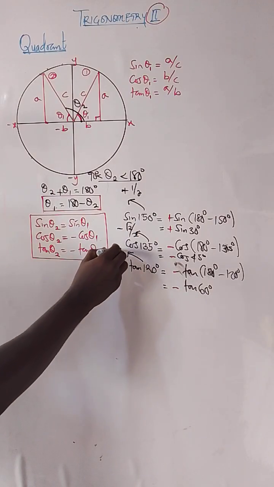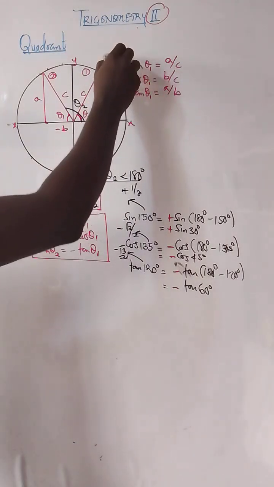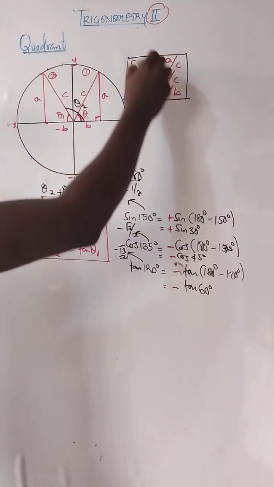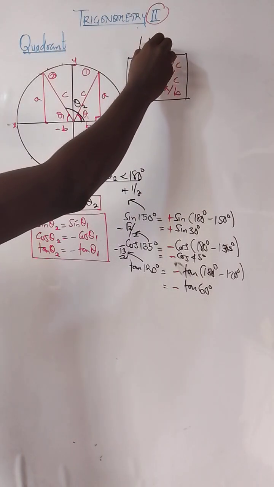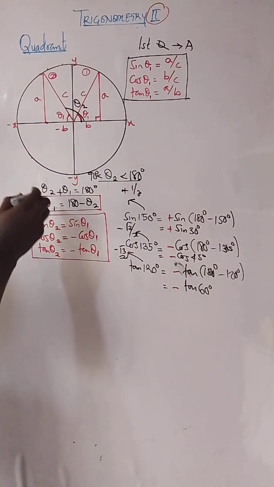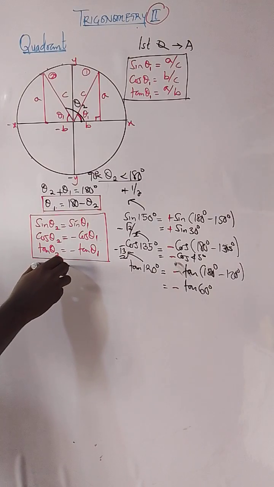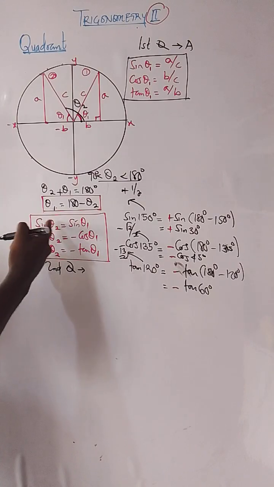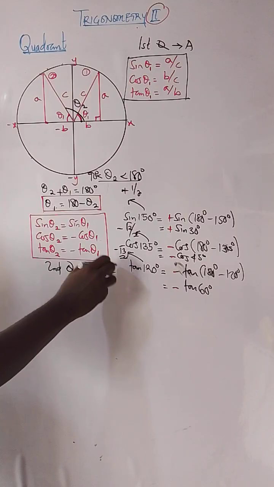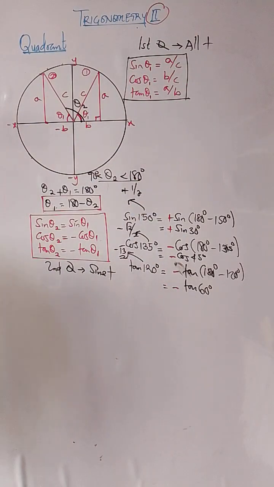So the answer is negative root 3. So note, in the first quadrant, all are positive. In the second quadrant, only sine is positive.